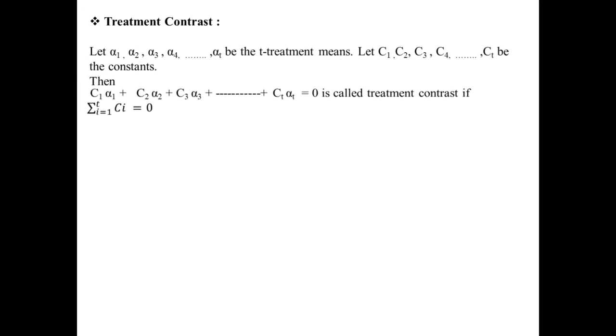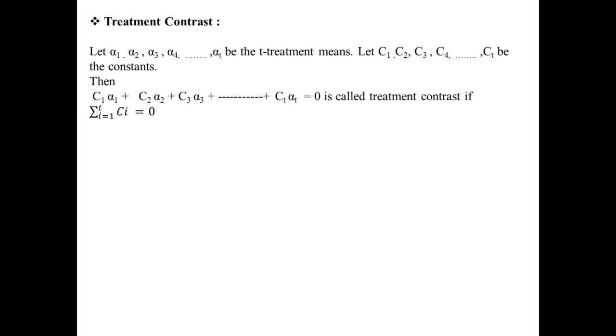Then C1 alpha 1 plus C2 alpha 2 plus C3 alpha 3 plus up to Ct alpha t equals 0 is called a treatment contrast. So we say that this linear combination is a treatment contrast if summation i varies from 1 to t, Ci is 0, that is, the sum of coefficients of treatment means is 0.